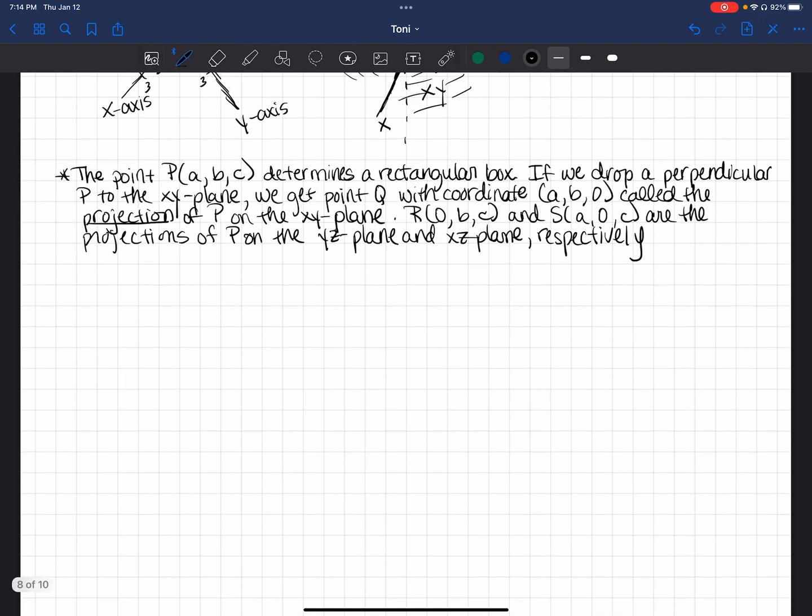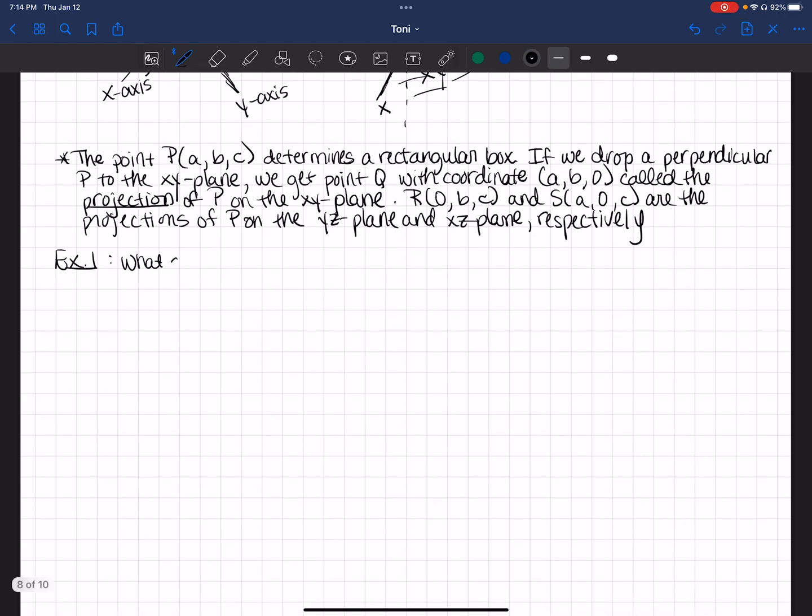So let's look at example 1. What surfaces in R cubed are represented by the following equations?